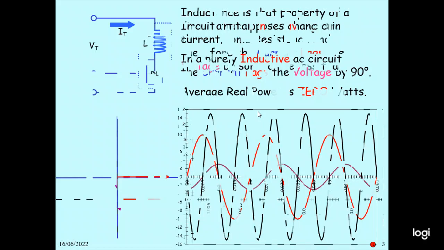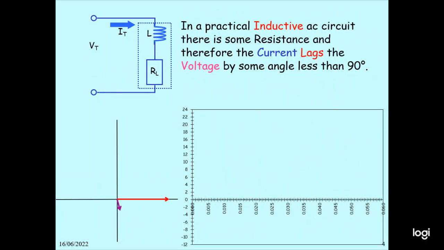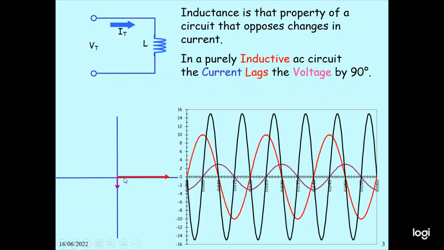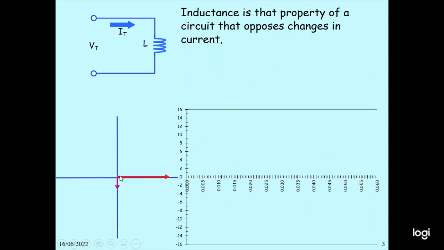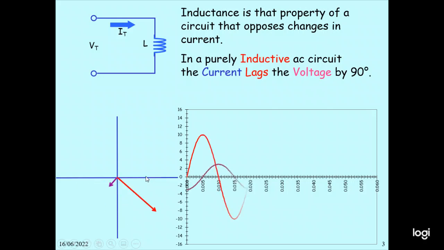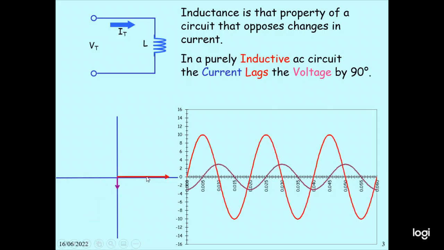In a practical inductive AC circuit, there is a resistor, therefore the current lags the voltage by an angle less than 90. So this is the voltage, this one, current is this one. When the voltage is applied, the current lags. Okay, I explain again.